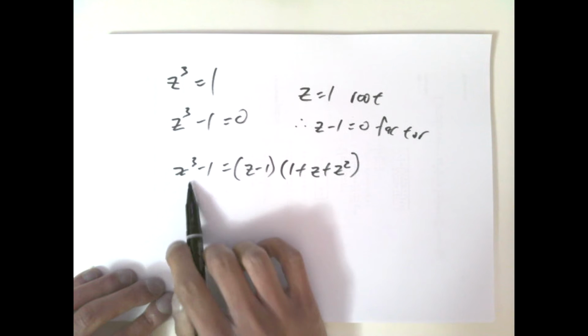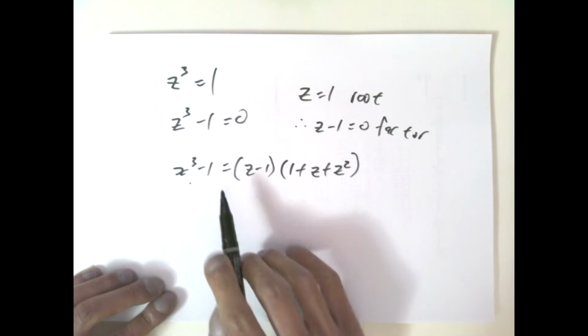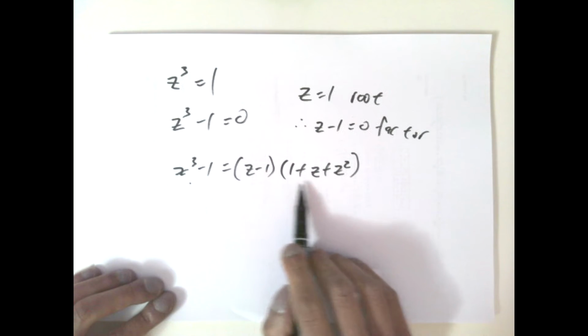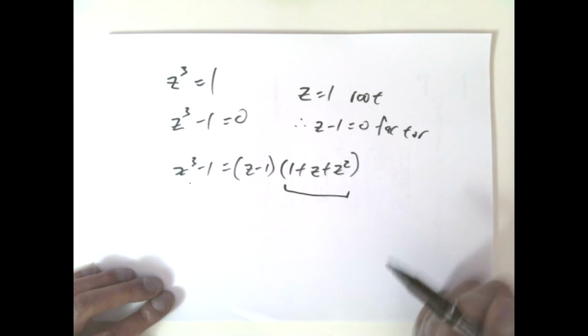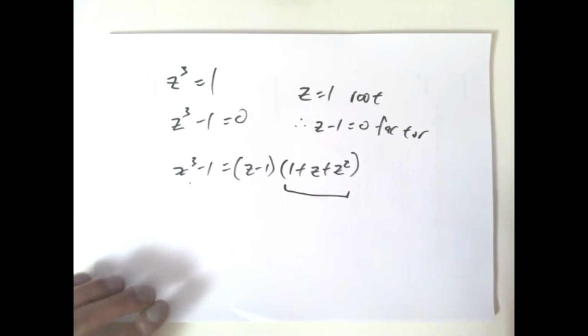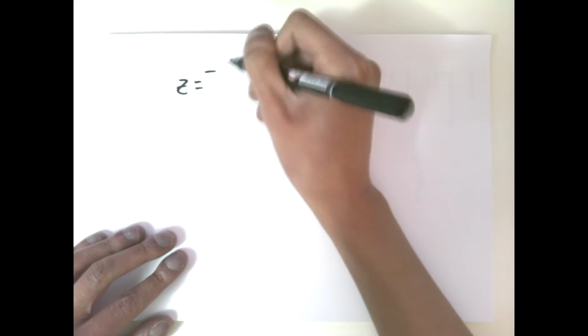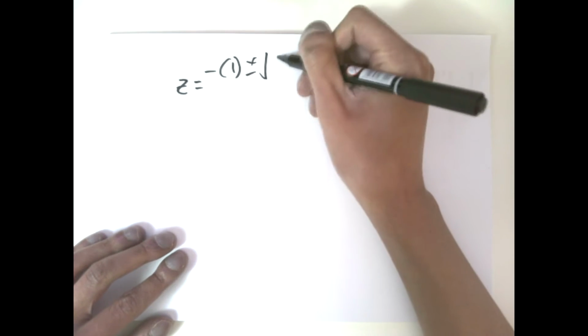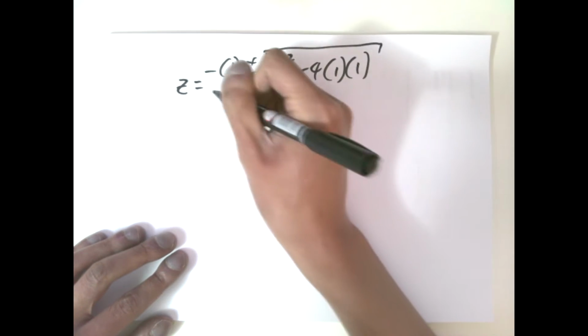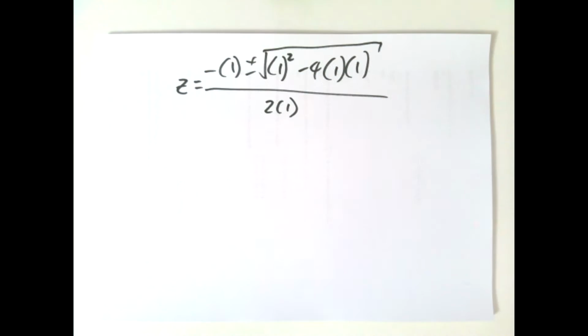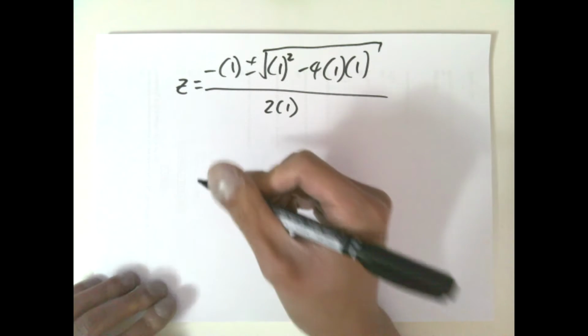So we can express this cubic polynomial as a product of a linear factor and a quadratic factor. Now for this quadratic factor, let's just put it in the quadratic formula. Putting in a quadratic formula, we see that we get 2 roots.